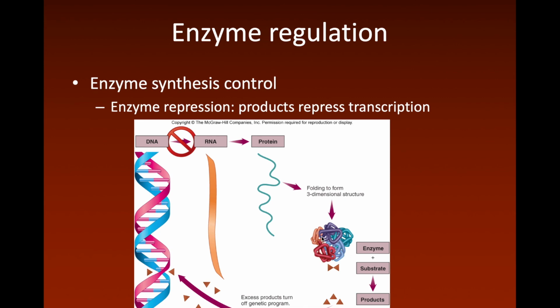So that's turning off enzyme synthesis, which is enzyme repression. The products of that enzymatic pathway or enzymatic reaction will go off and turn off the transcription or be the repressor.